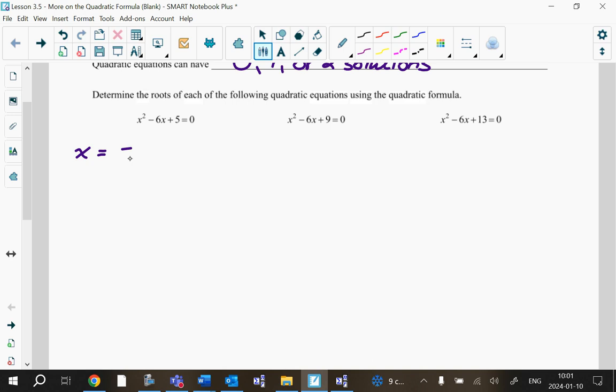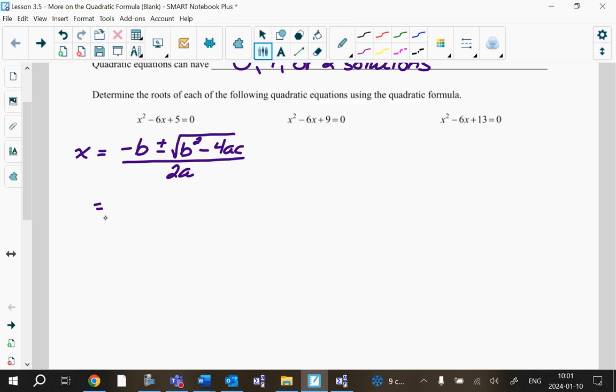Negative b plus minus square root b squared minus 4ac. Good. What's a in this quadratic equation? B and c. Okay.